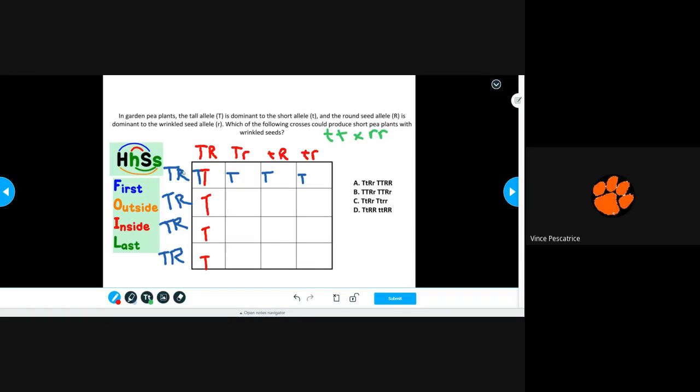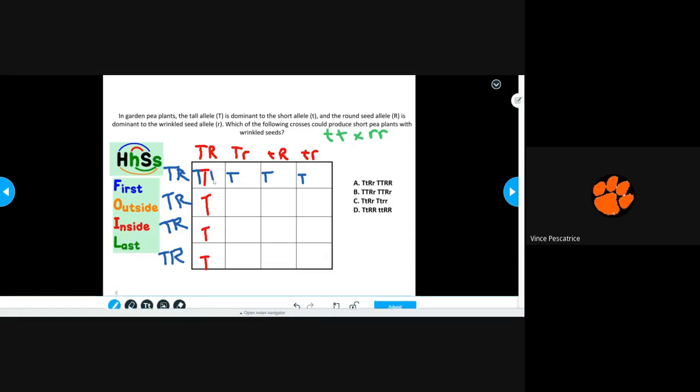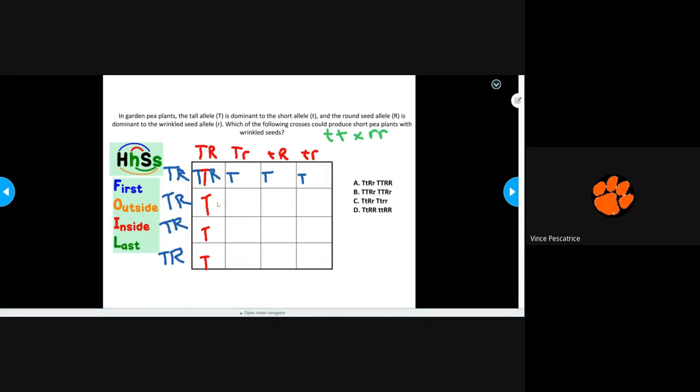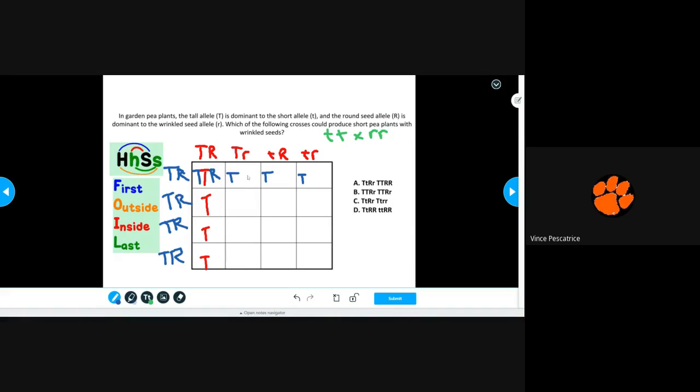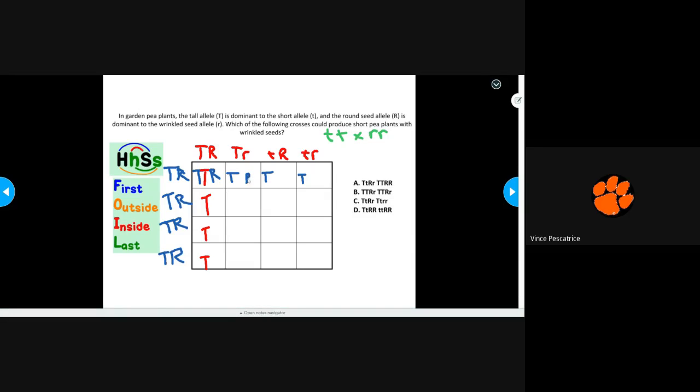Next, I'm going to do my R's. So this blue R is going to be paired in this box with the R on top. So I have a capital R here. I'm going to have capital R here. So R only pairs with R and T only pairs with T, just so you know.